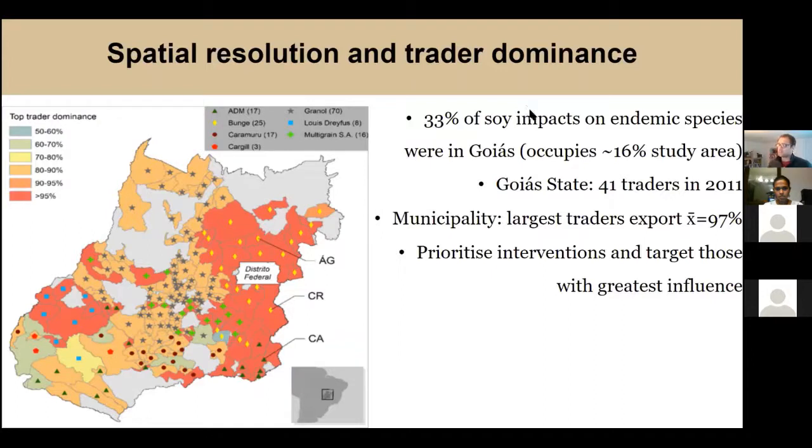And so we also know that impacts on biodiversity are quite concentrated. 33% of soy impacts on endemic species were in Goiás, which occupies only 16% of the area. And in Goiás there were 41 traders, this was in 2011, trading out of the state.